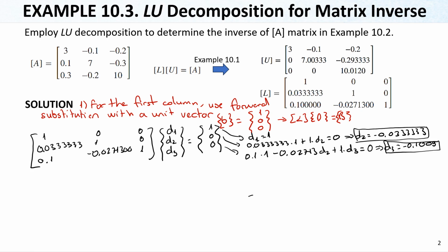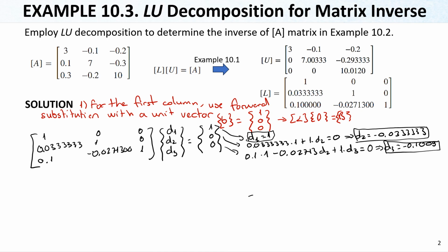So these are the results of these. Actually, no, this is just the D values.